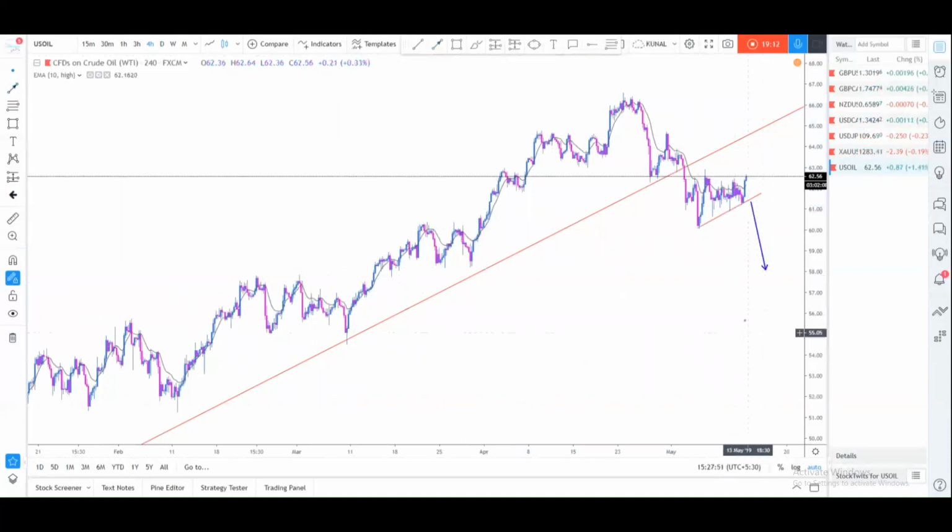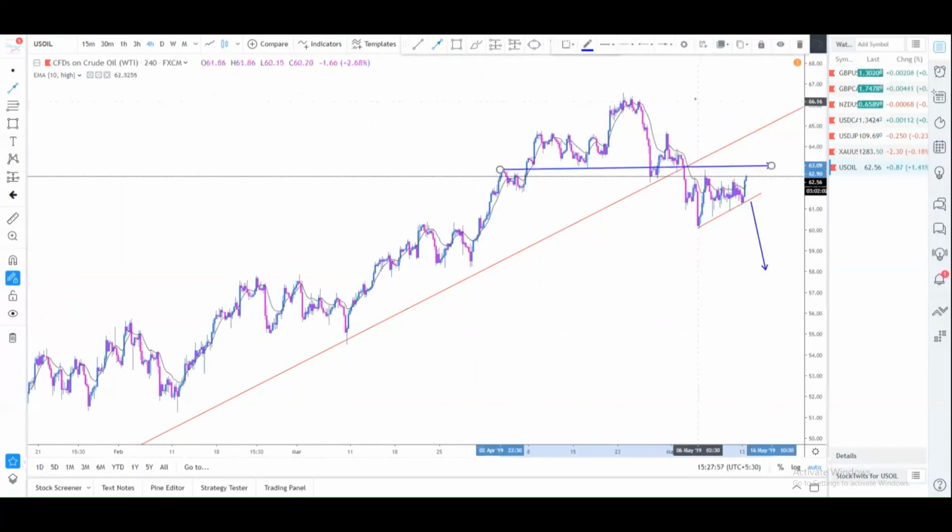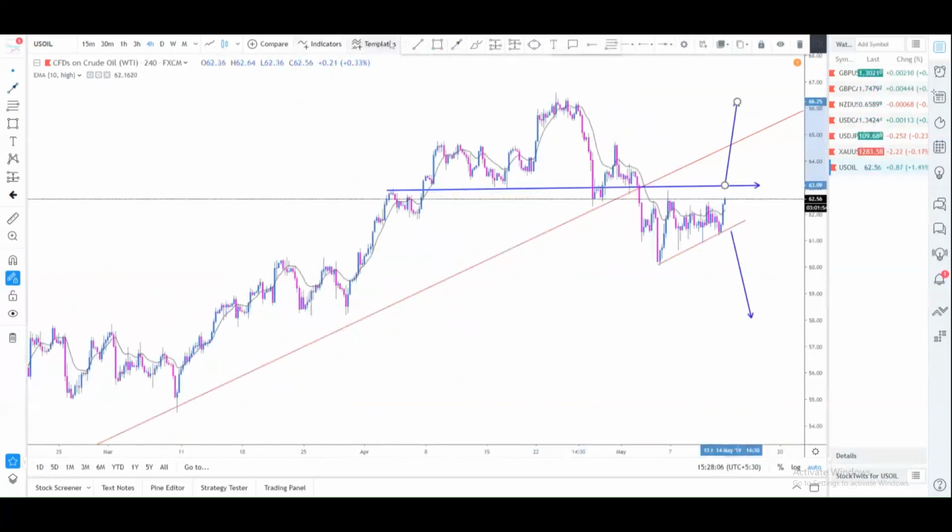Okay, until now what I see is, also we have a massive level right over here, let's say this level. And only when that breaks to the upside, I will expect a buy till the highs. Okay, because see this, we have this trend line which got broken, retested perfectly, and only when that breaks, I will be up.